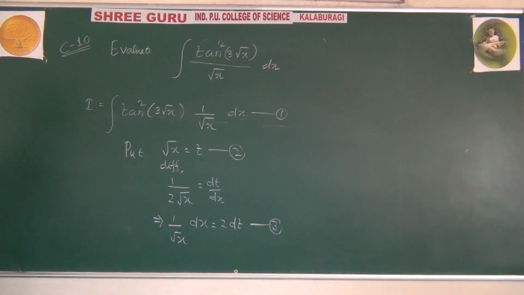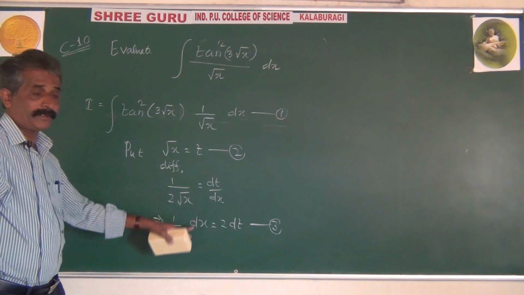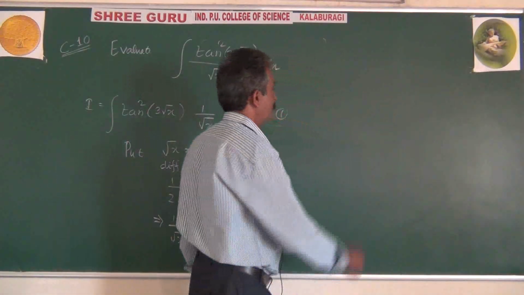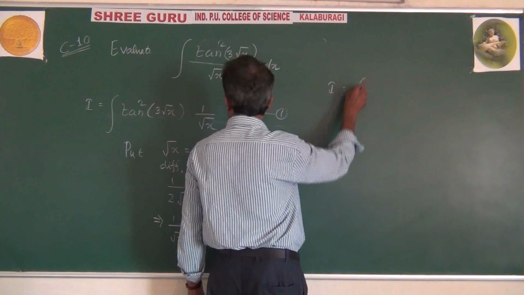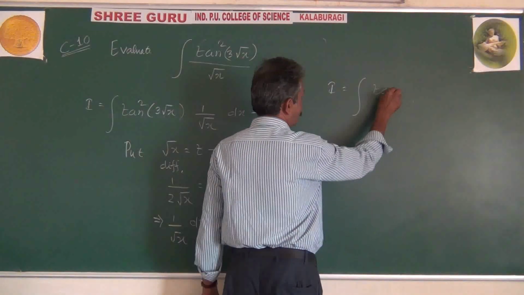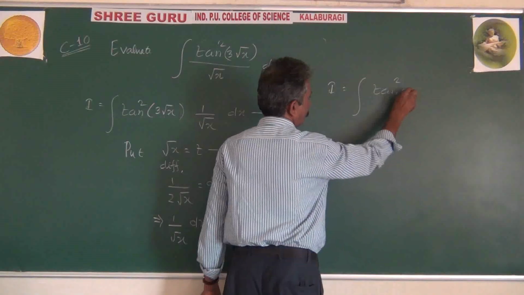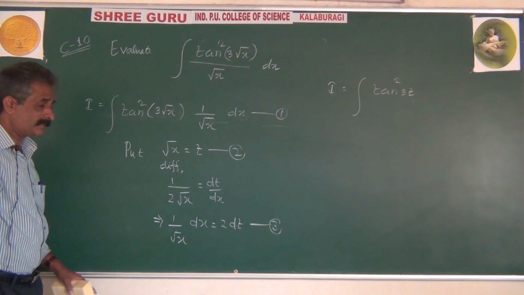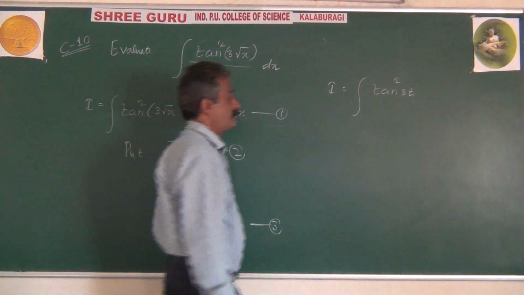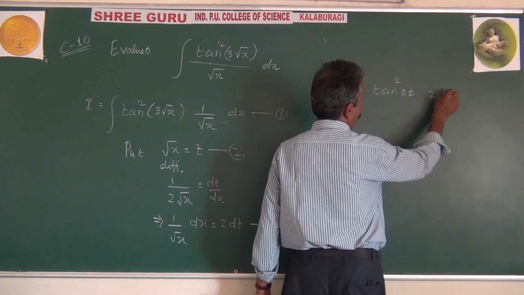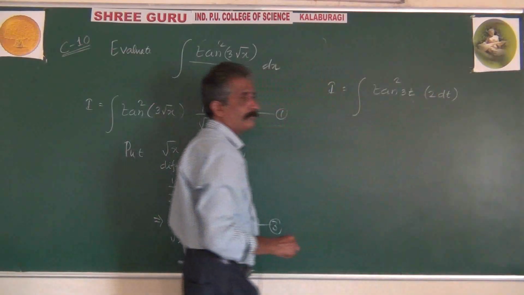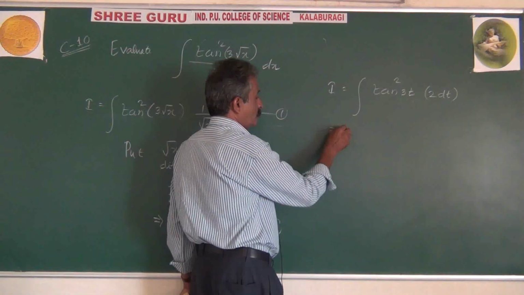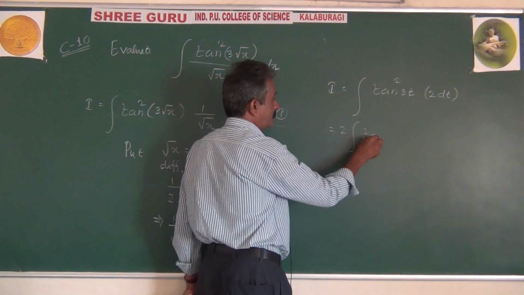Now from 2 and 3, using in 1, I equals integration of tan square of 3t, and the rest, 1 by root x dx, will become 2 dt. Two is outside. 2 into integration of tan square 3t.